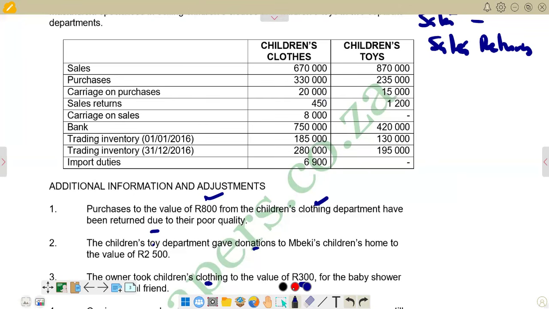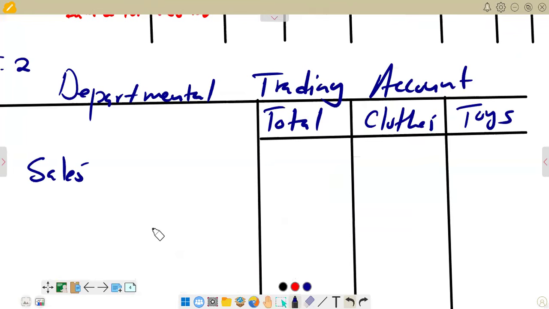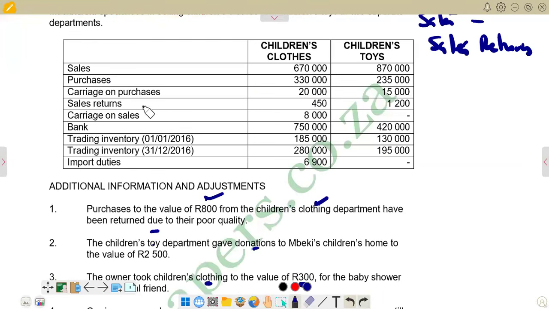So we can go back there and enter that figure. For clothes, we have got 669,550. Then we can do the same for toys. For toys, now we are saying we have got sales 870,000, and then we subtract sales returns, which is 1,200.